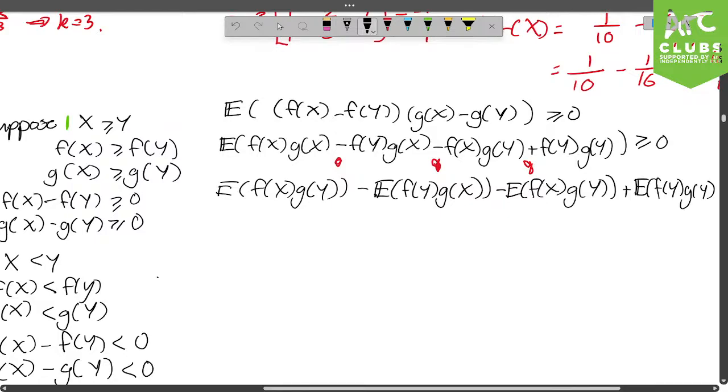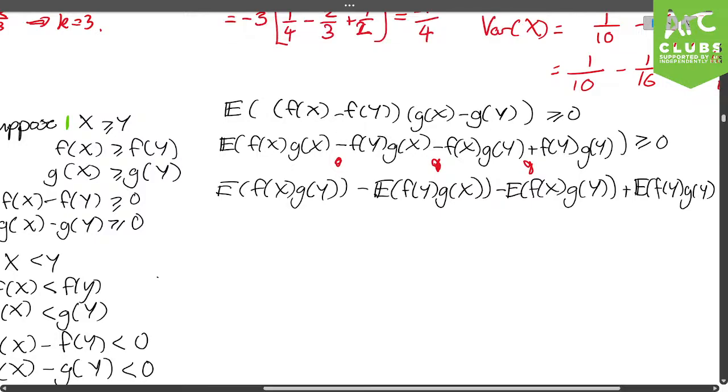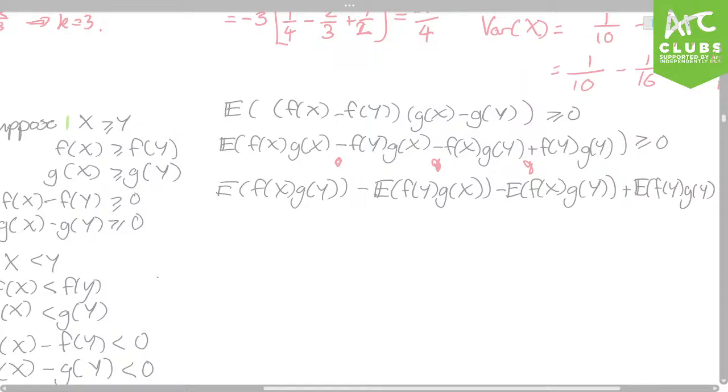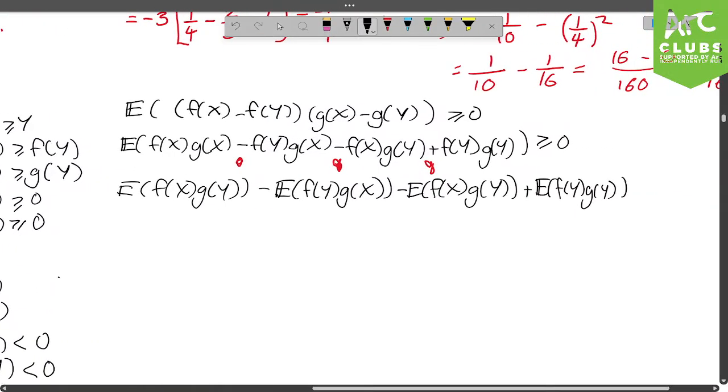That is always greater than or equal to 0.